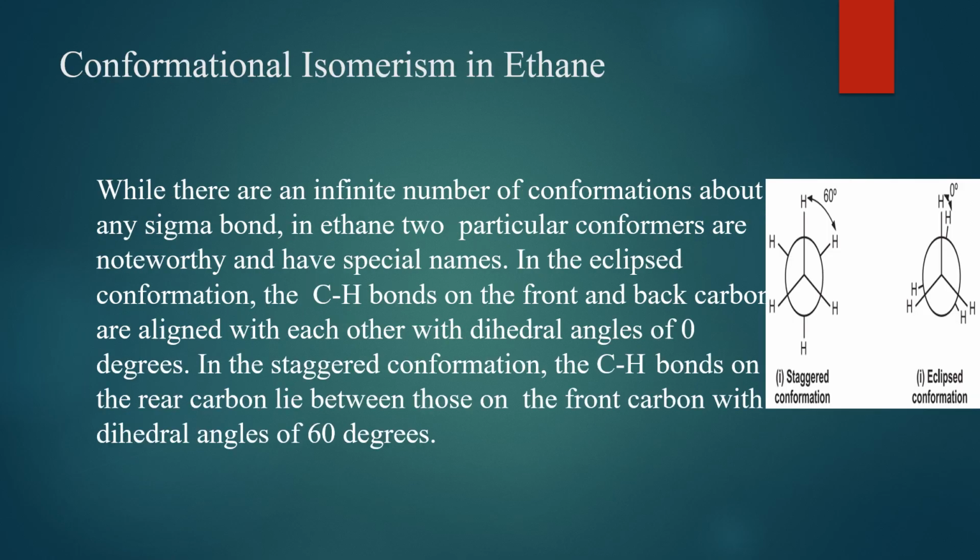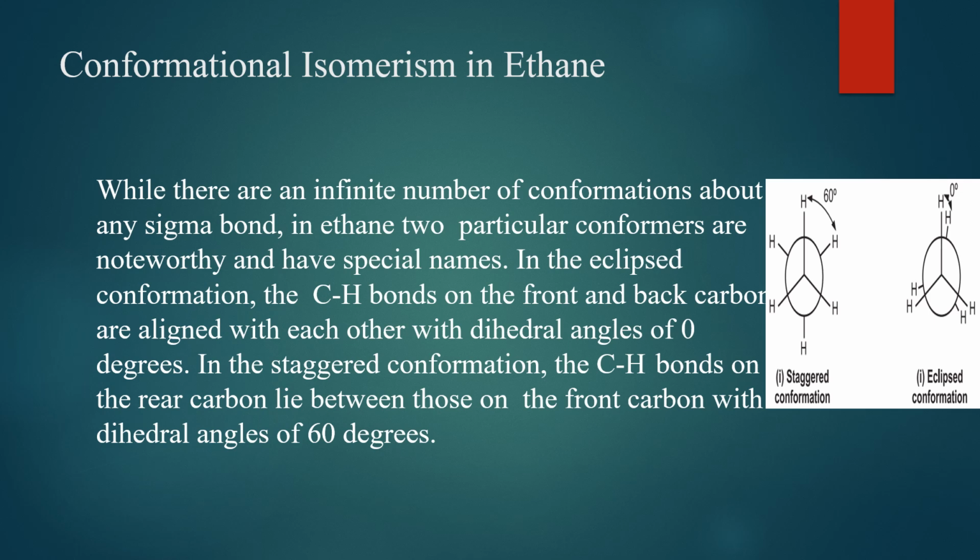While there are an infinite number of conformations about any sigma bond in ethane, two particular conformers are noteworthy and have special names. In the eclipsed conformation, the carbon-hydrogen bonds on the front and back carbon are aligned with each other with a dihedral angle of 0 degrees.